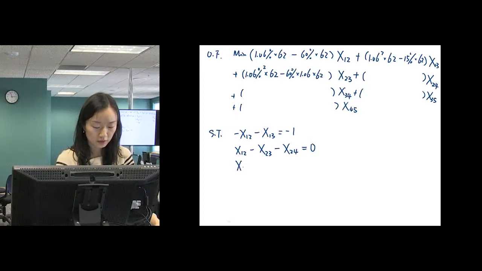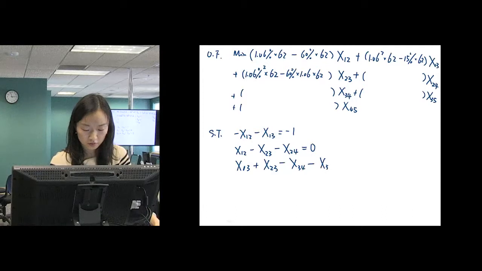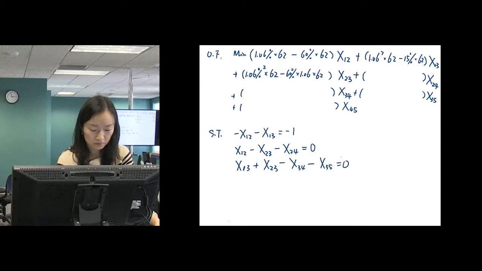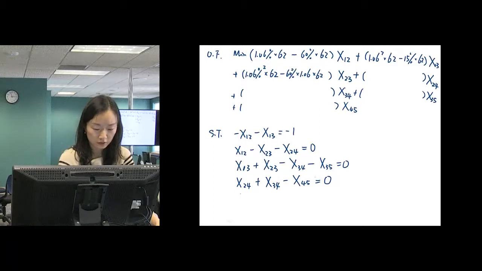Then for node 3, 1, 3, right? 2, 3, minus 3, 4, 3, 5. For node 4, 2, 4, 3, 4, minus 4, 5 equals 0. Inflow minus outflow.